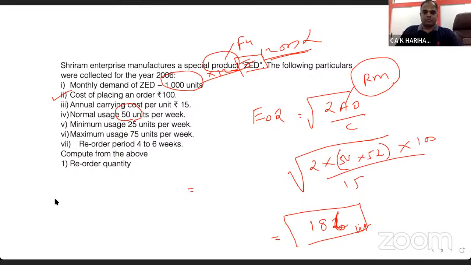Understood? Are you comfortable? Good. Now, since you are comfortable, we'll do one more problem.